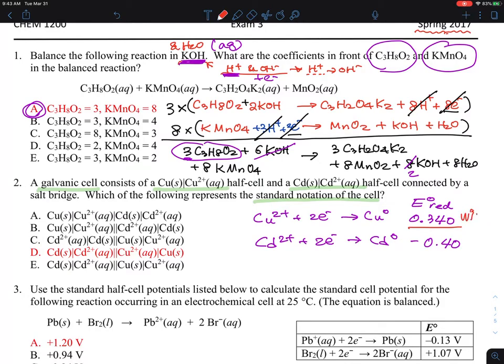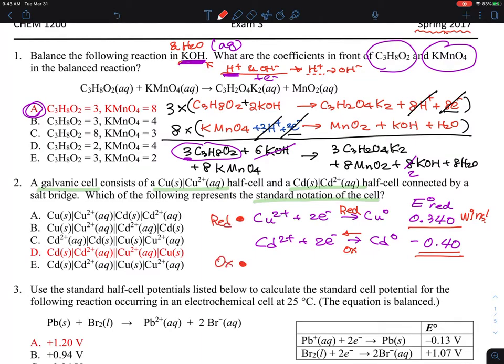So what that means is you're going to keep the reduction as it is, and this is a loser, which is going the other way. Oxidation is going to happen, so we want to keep this one as it is, and this is a reduction.